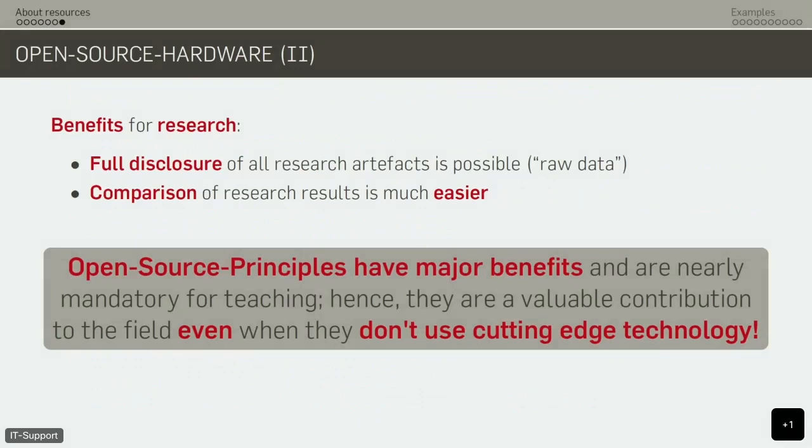And what is important, at least for the people doing cryptography, you can compare your research results much more easily when everything is open and can be open. So I would claim open source principles have major benefits, and we don't need cutting edge technology at the moment. It helps us a lot in the current state, I would say.